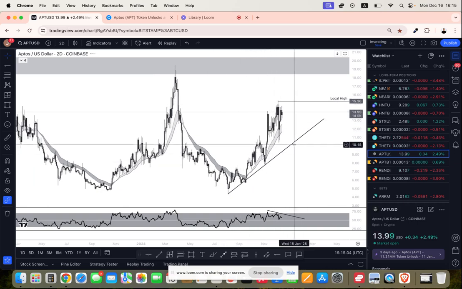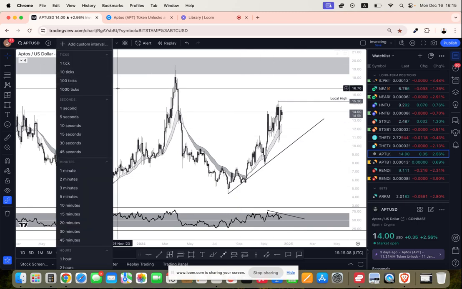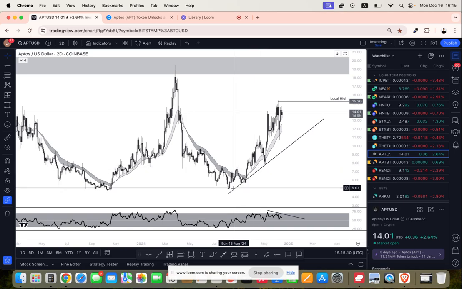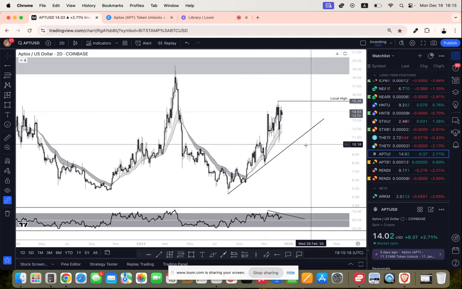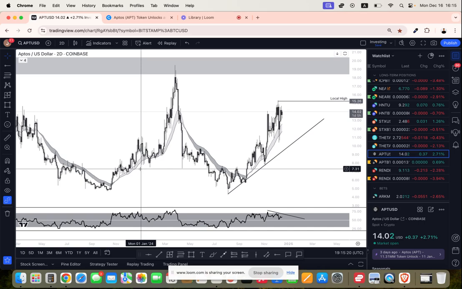What I like to use for this is the EMA band on the 2-day time frame. That's not the daily, it's the 2-day time frame, right? The way I use this, if you see the price falling below this EMA band, rejecting it and continuing the rejection, that's my signal to throw all my ideas out the window and sell it, even if that is at a loss. You can see what this looks like here.